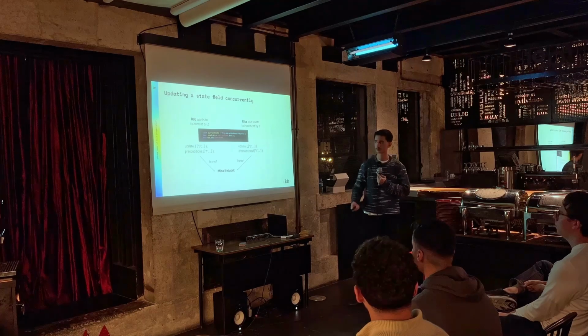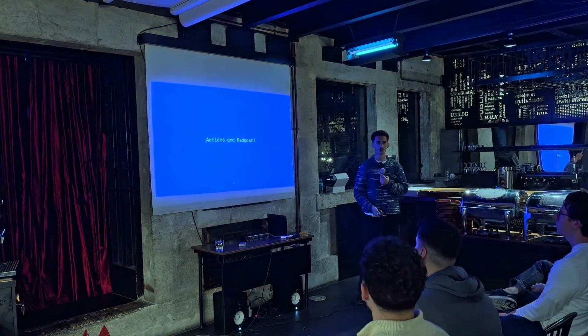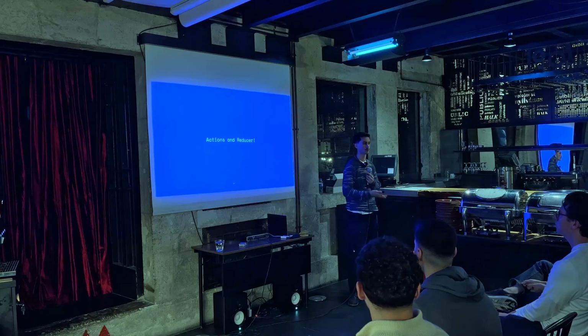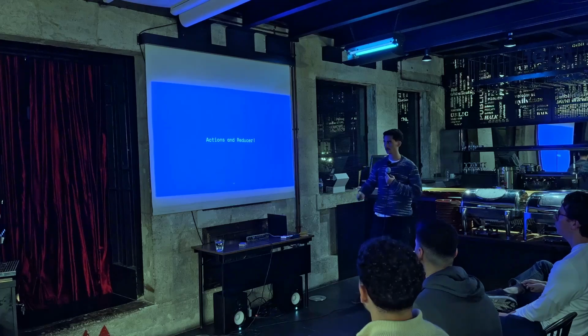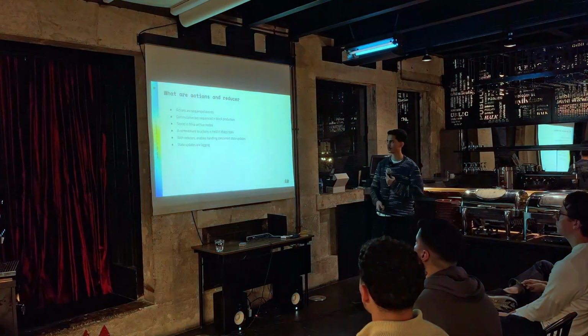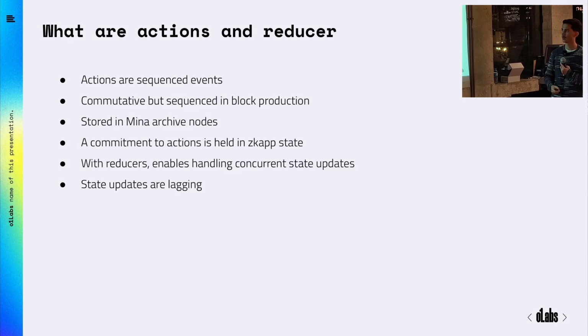So how do we solve it? Actions and reducers. Maybe some of you are familiar with this concept from Mina or Redux or somewhere else. In Mina, they are similar to other implementations of actions and reducers. In Mina, actions are events, but they are sequenced.